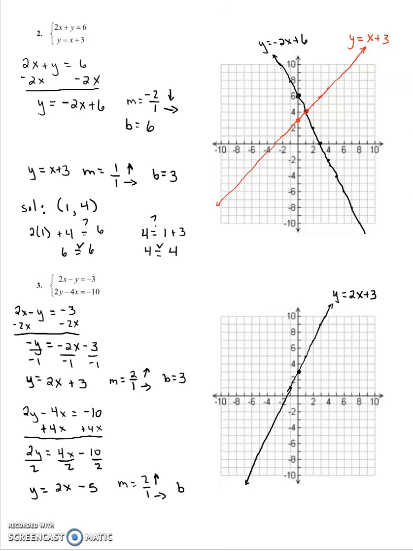And we have a y-intercept of negative 5. So we start at negative 5, and we go up 2 and over 1.